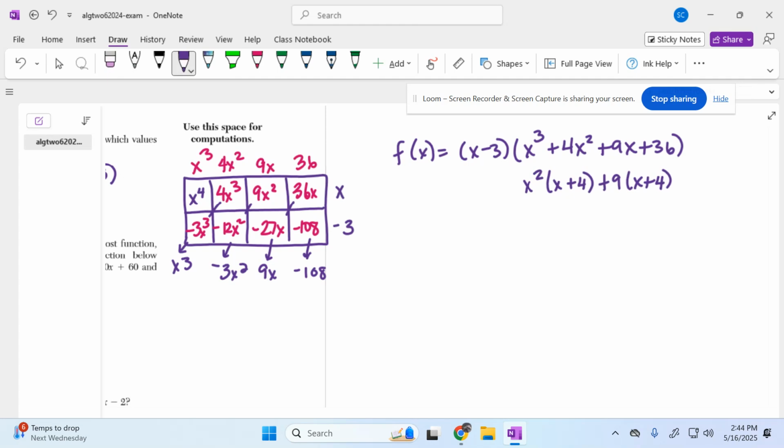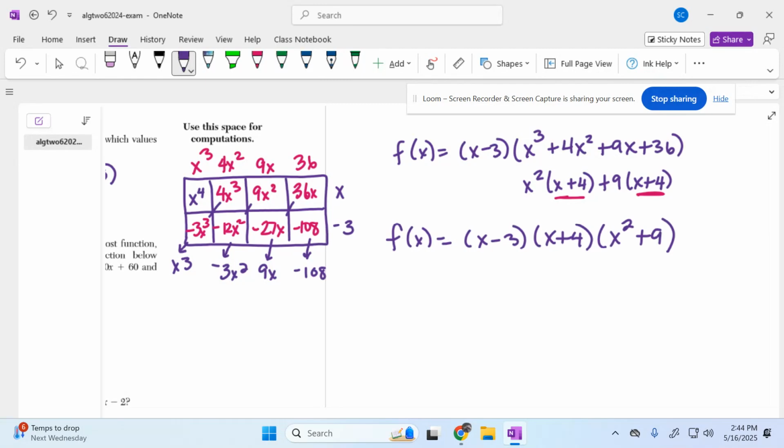So we can take out x squared from those first 2 terms, take out 9 from the last 2 terms, and then we can combine that common factor by factoring it out. So we can say we have factors now of x minus 3, x plus 4, and x squared plus 9.